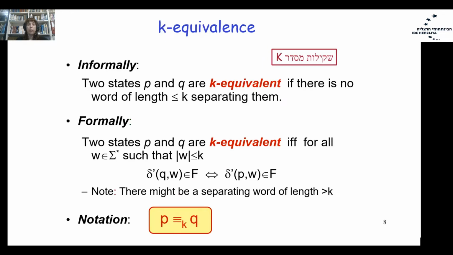Let's define K equivalence. Two states P and Q are K equivalent if there is no word of length less than or equal to K separating between them.